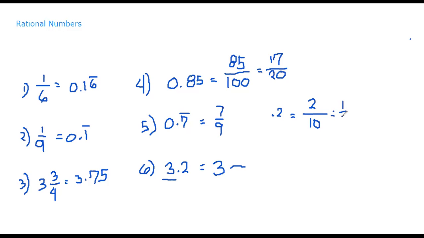Yes, 1 over 5. So, we have a whole number of 3. Then, sinulat na natin siya. Kasi kapag ganito naman 3.2, whole number na natin yung 3. Then, yung 1 over 5, dito natin isusulat. So, the fraction form of 3.2 is 3 and 1 over 5. Okay? So, that will be our answer in number 6.